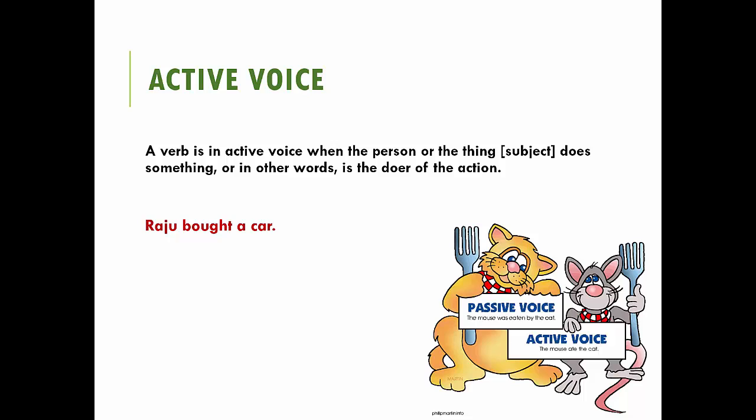Can you see this sentence here? Raju bought a car. Here, Raju is the subject of the sentence, and car is the object of the sentence. So what has Raju done? He has bought a car. The next sentence says, Sheila had eaten an apple. Here you have Sheila, which is the subject of the sentence, and then you have an apple, which is the object of the sentence.